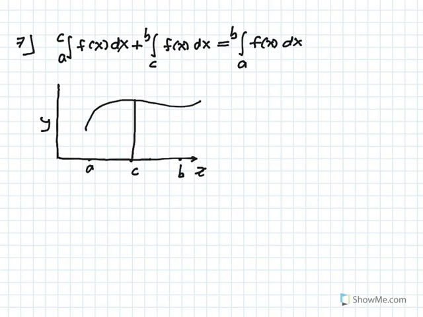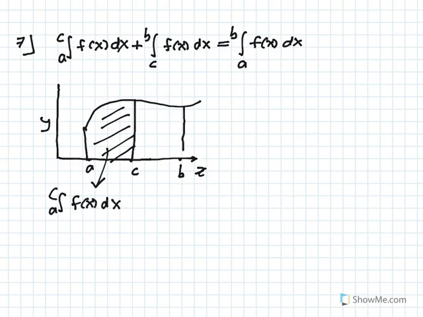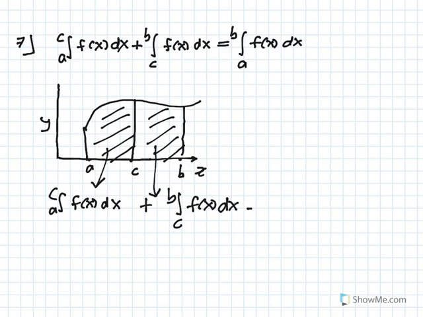So this portion here is the integral from a to c of f of x dx. That's a definite integral. And this shaded area is the integral from c to b of f of x dx. So it's clear that if we add these two, we get the entire area from a to b of f of x dx.